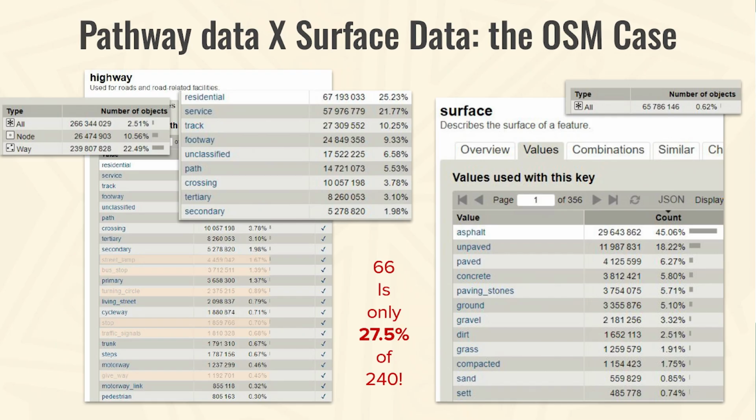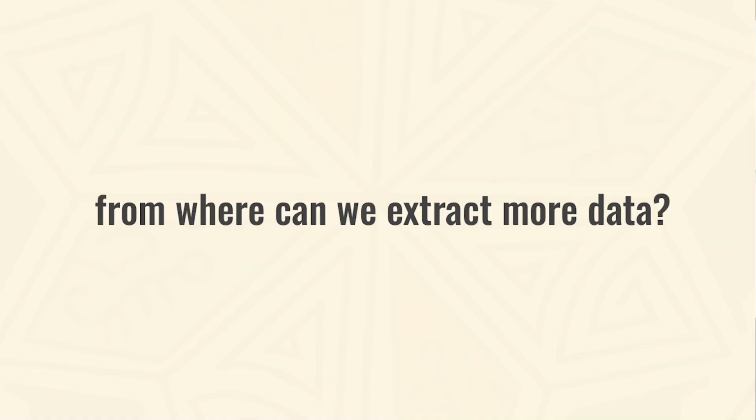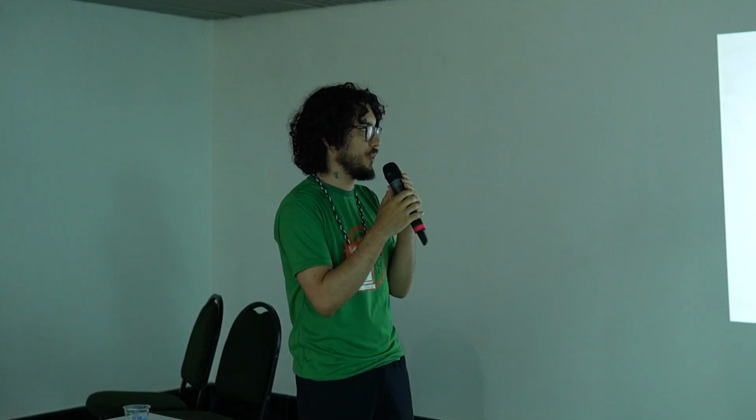So we have lots of features without this information that is fundamental for assessing the level of accessibility. Considering this lack of data, from where can we extract more data about surfaces, which are one of the first subjects when we consider accessibility?